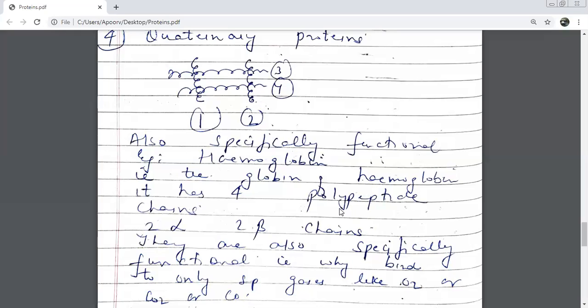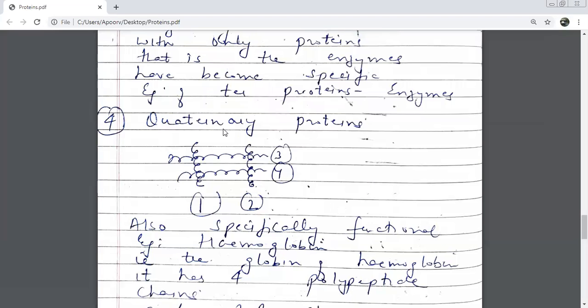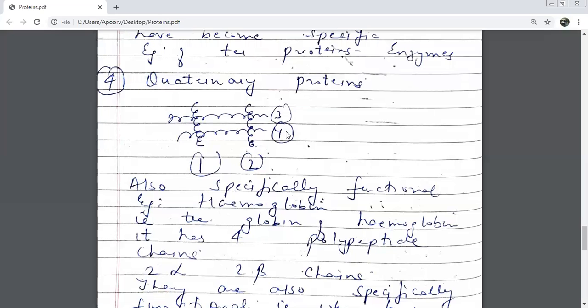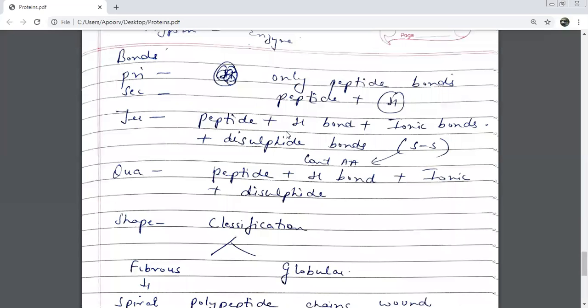We have never read or heard anywhere about sulfur hemoglobin. We have never seen hemoglobin combining with sulfur or phosphorus or sodium or chlorine, because it is specific in its action. And it is specific because it is which kind of protein? It's a quaternary protein. So the example for quaternary proteins is which one? I just told you, it is hemoglobin.